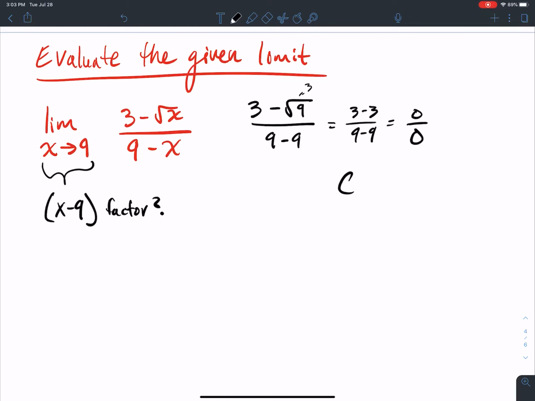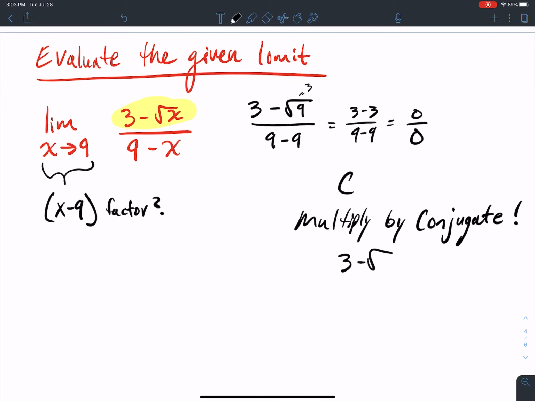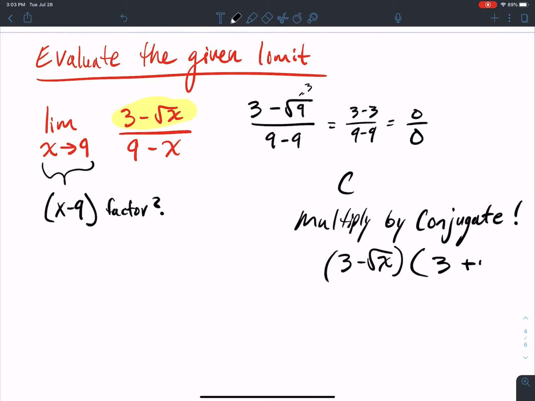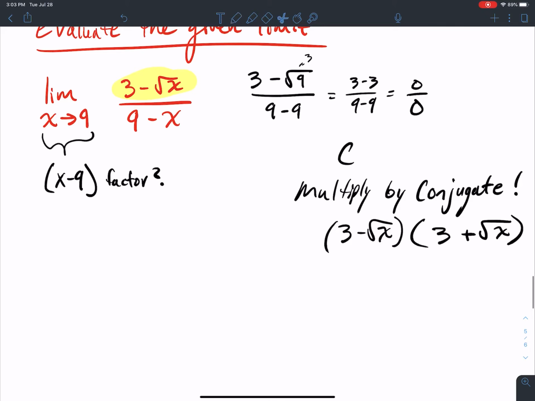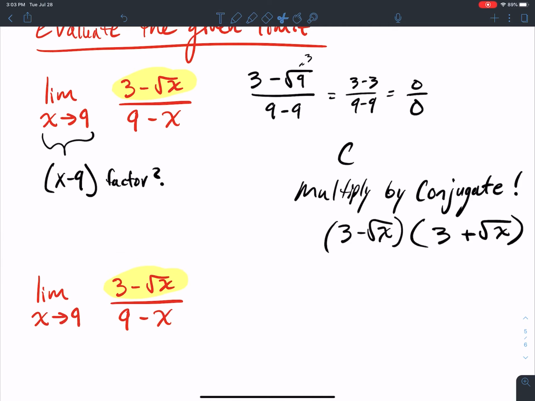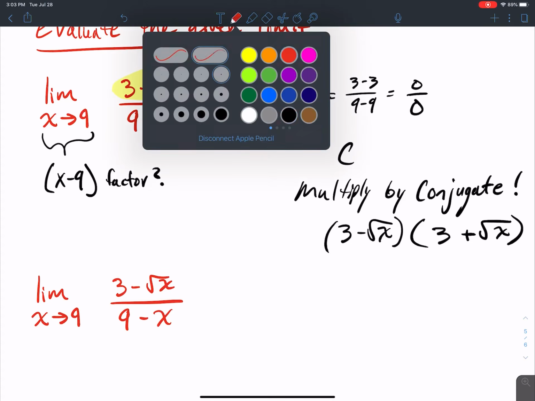Multiply by the conjugate. Now, what is the conjugate? The conjugate of this numerator here, 3 minus the square root of x, what would I multiply by? 3 plus the square root of x. That's the conjugate there. So I'm going to take this and multiply by the conjugate.